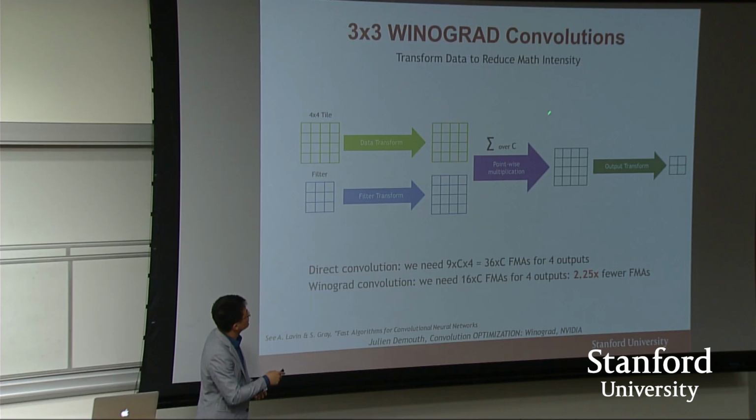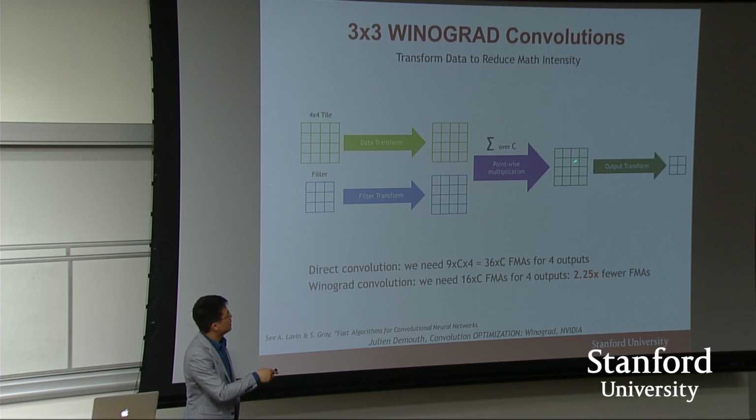So what we are going to do here is sum over C and do an element-wise product. There are only 16 multiplications happening here. And then we do an inverse transform to get 4 outputs.